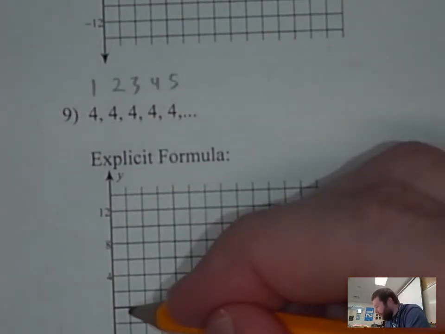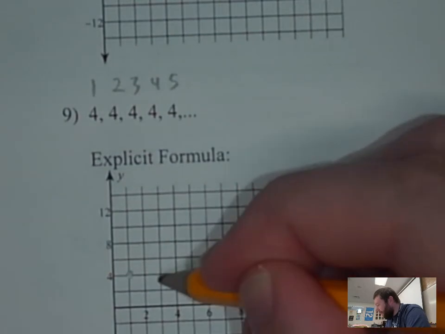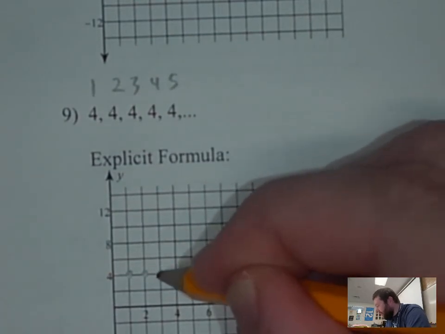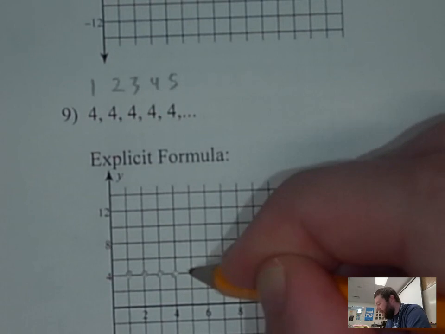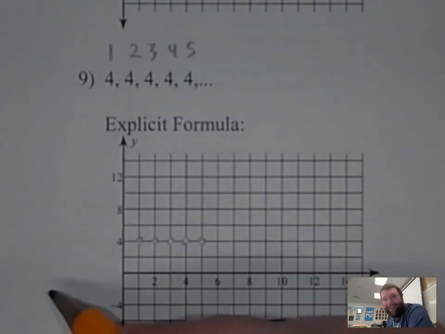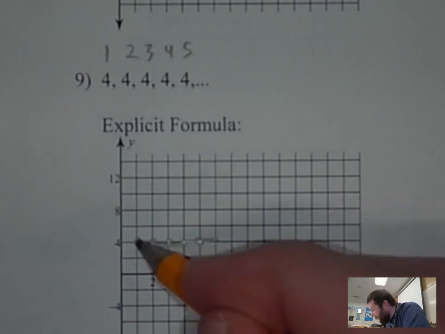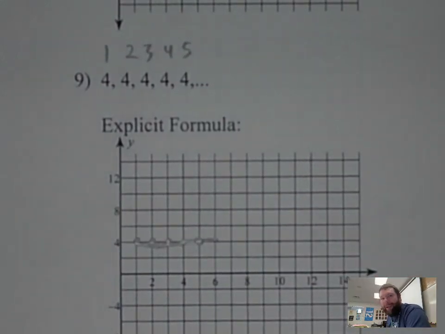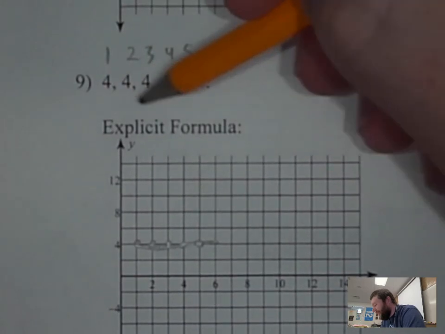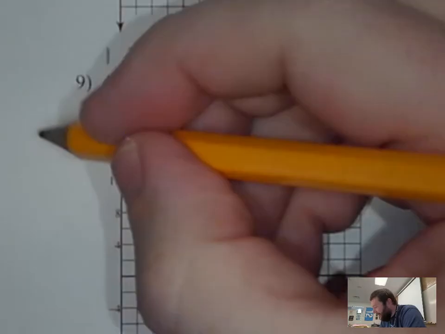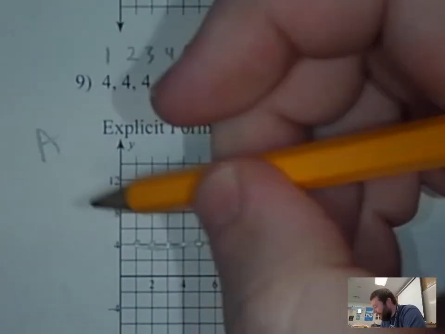So if I go to 1 and put a dot there for 4, 2, 4, 3, 4, 4, 4, 5, 4, I'm going to get a horizontal line, right? There's a reason why it is a horizontal line: the difference here, it's adding 0 each time, right? So we're going to call it arithmetic because it's a straight line.